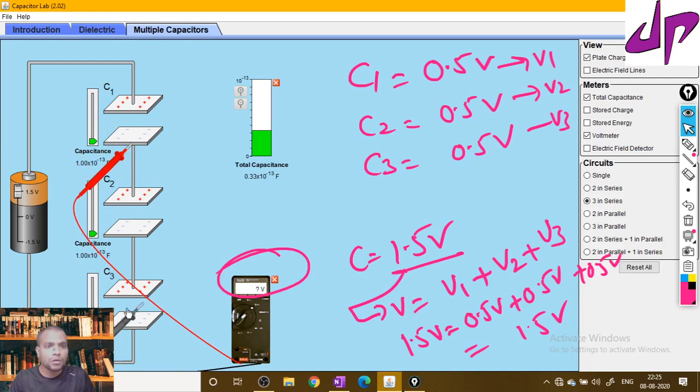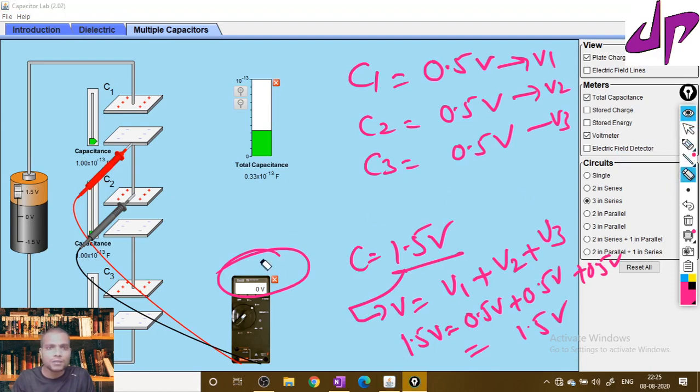Now if you are curious to see what is the potential difference between the plates which are connected: I am connecting the second plate of capacitor C1 and the first plate of capacitor C2. The question is why charge is not moving from the negative plate to the positive plate.